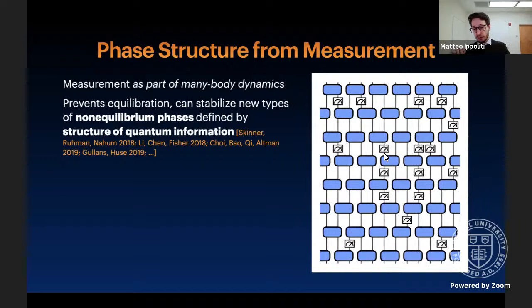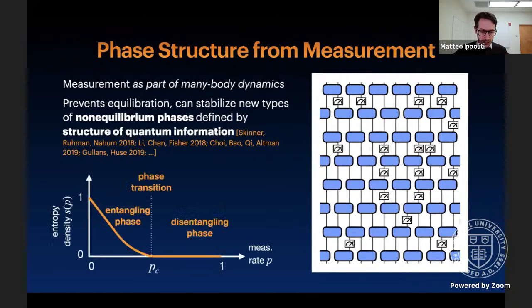However, even though individual states never reach an equilibrium value, as it turns out, there is a whole ensemble of these states that we generate as we make these measurements. And those ensembles can reach some universal behaviors. In particular, as a function of how frequently we measure, so how many of these measurements we have in the bulk of this space-time, let me parameterize that with a probability p between 0 and 1.